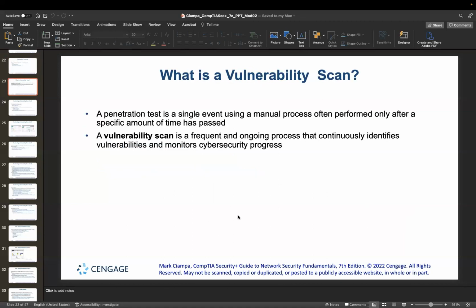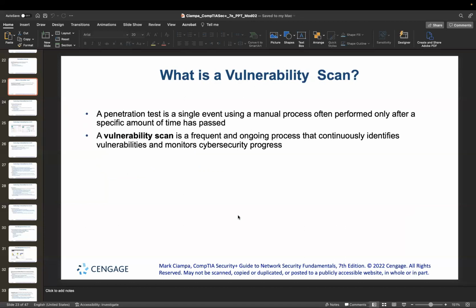So let's see, what is a vulnerability scan? As the definition says, a penetration test is a single event using a manual process, often performed only after a specific amount of time has passed and specific to a goal that is the goal of the test plan. However, a vulnerability scan happens frequently and is an ongoing process.